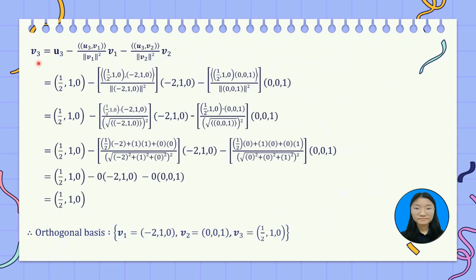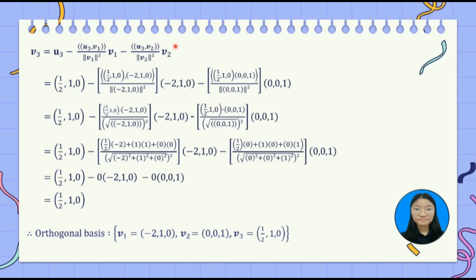Next, we find V3 using the formula in the Gram-Schmidt process, which is U3 minus the inner product of U3 and V1 divided by the square of the norm of V1 multiplied with V1, then minus the inner product of U3 and V2 divided by the square of the norm of V2 multiplied with V2, which is 0, 0, 1.